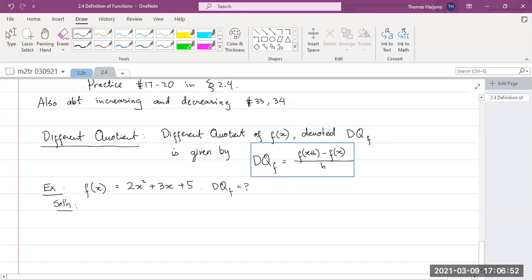The difference quotient is given by (f(x plus h) minus f(x)) over h. I will set it up first. Let's find f(x plus h). If f(x) equals 2x squared plus 3x plus 5, what if you replace x by x plus h? That will be 2 times (x plus h) squared plus 3 times (x plus h) plus 5.